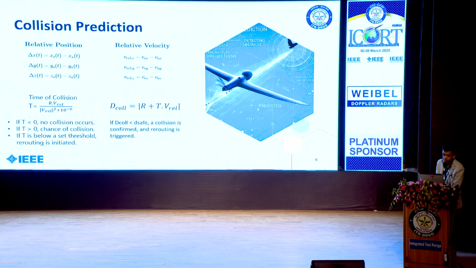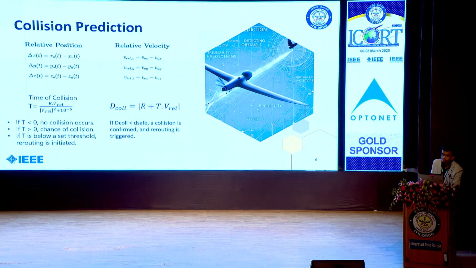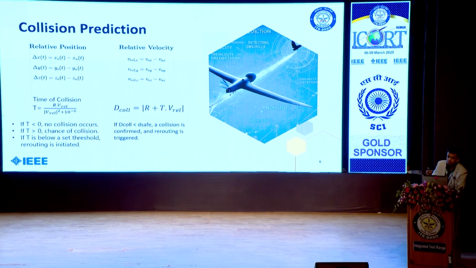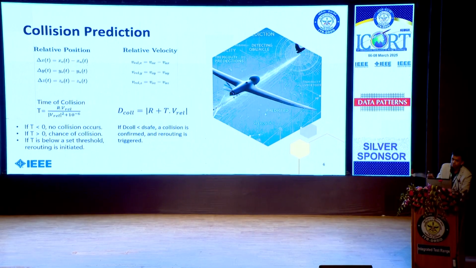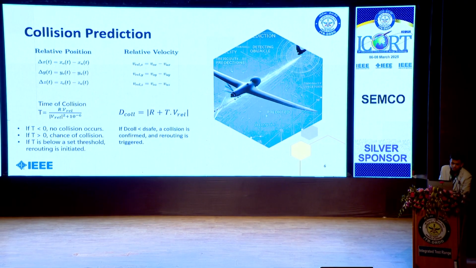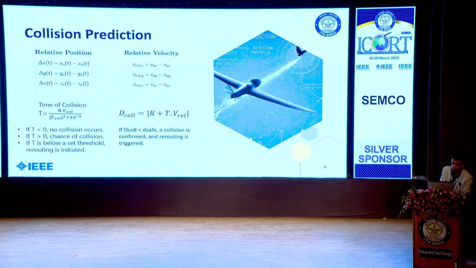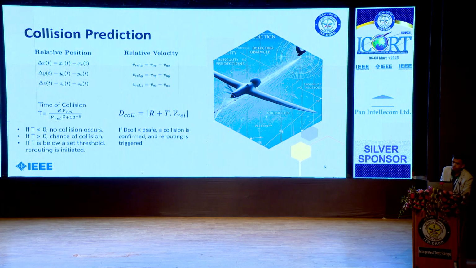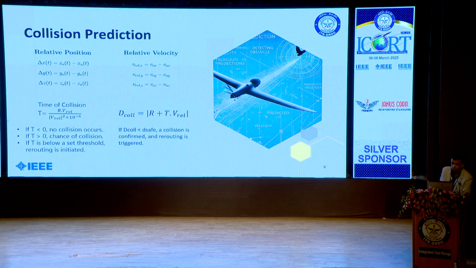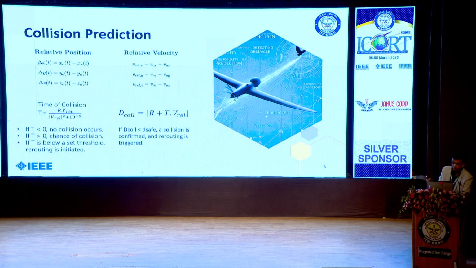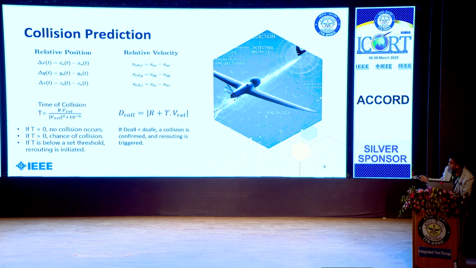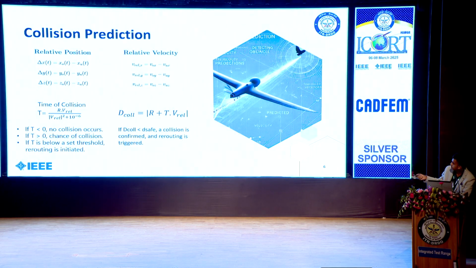So this is how we predict the collision. We have the initial positions of our UAV and we program the initial positions of the obstacle which we will be encountering. Based on that we calculate the relative positions and velocities of both the objects, and using those relative velocities and positions we calculate the time of collision using the formula given over here.